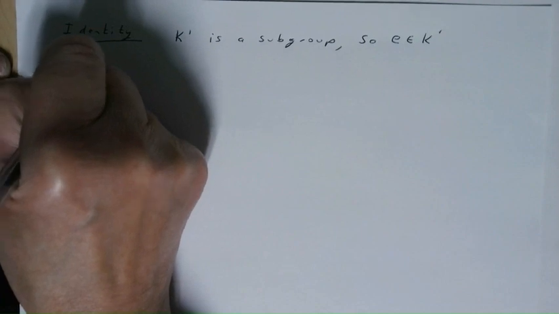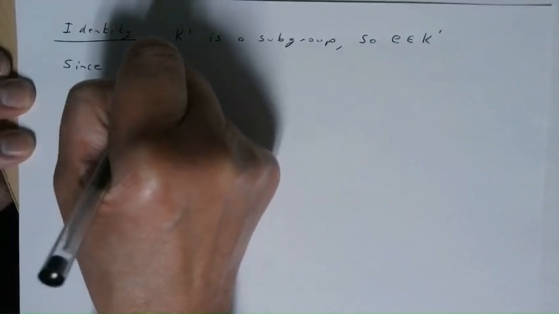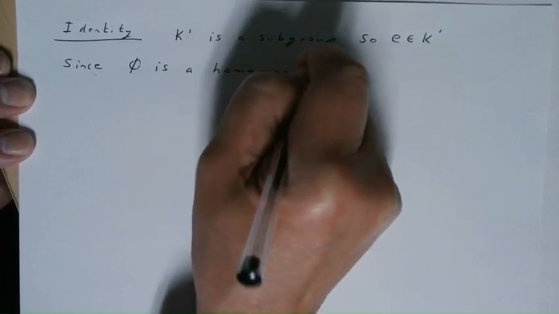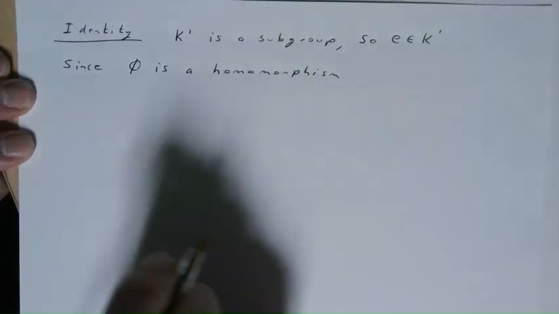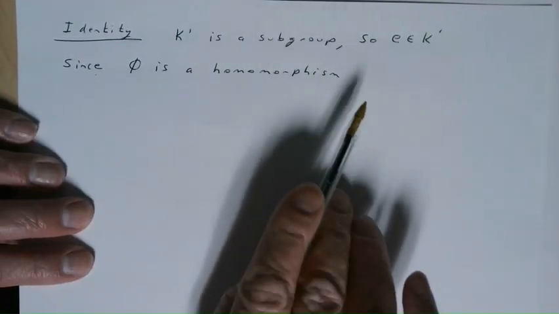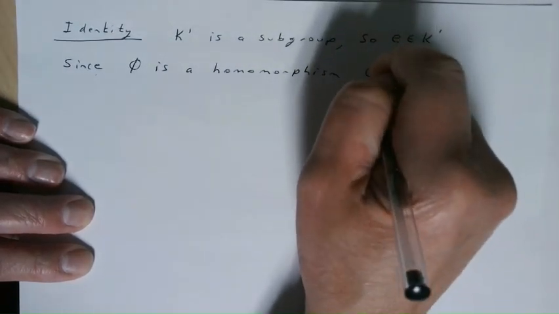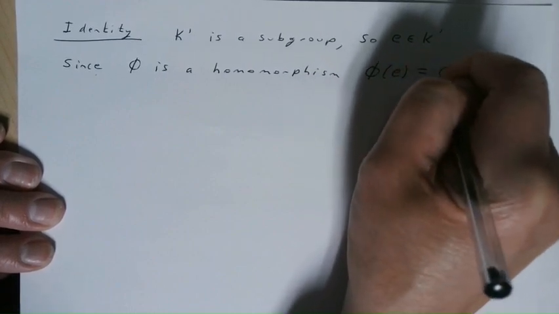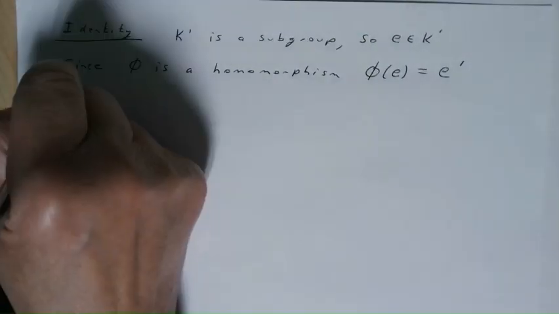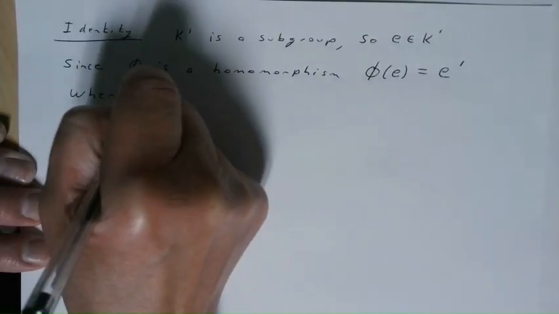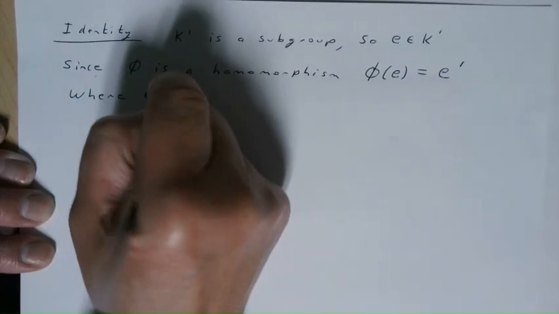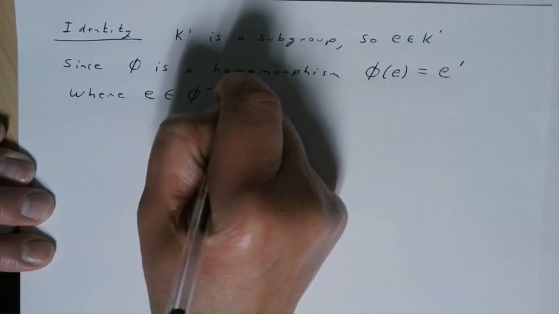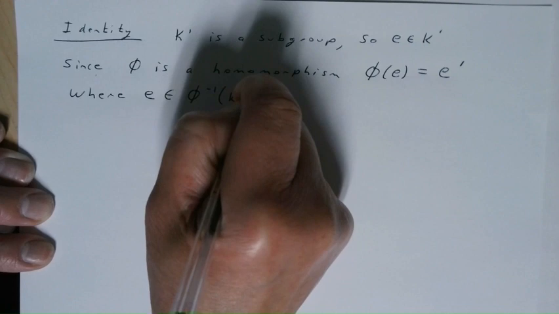And since phi is a homomorphism, we know that phi will map an identity from one group to the identity of the other group if it is truly a homomorphism, where this is in phi K prime like this.